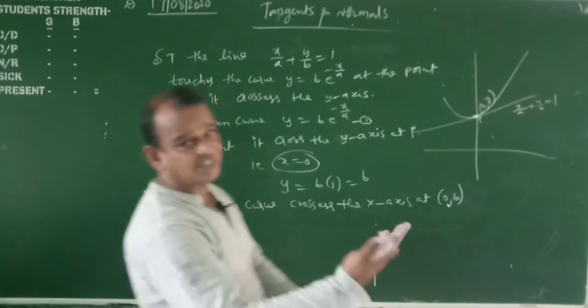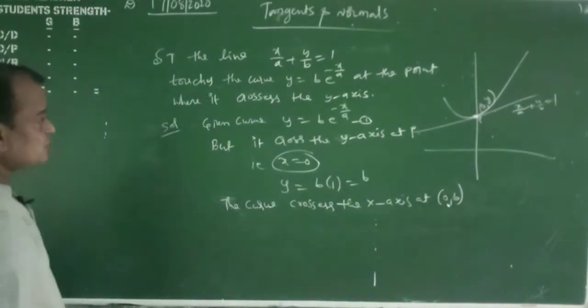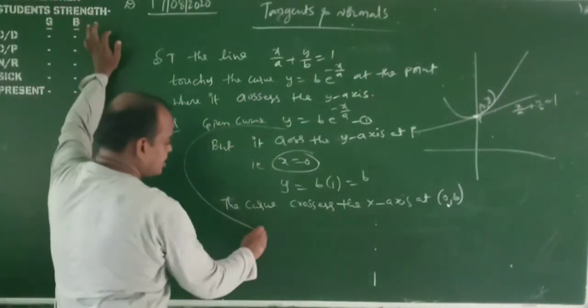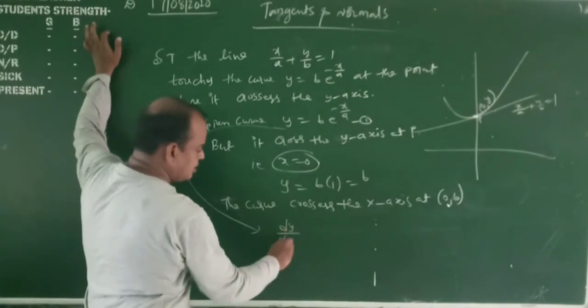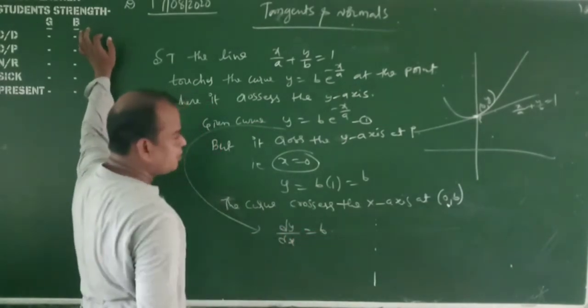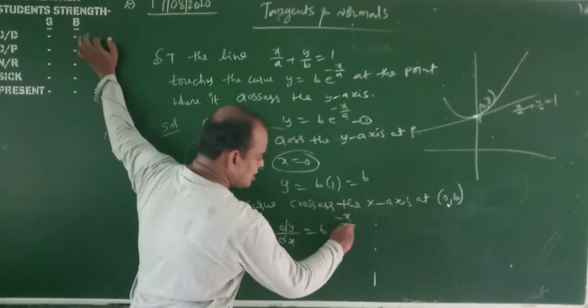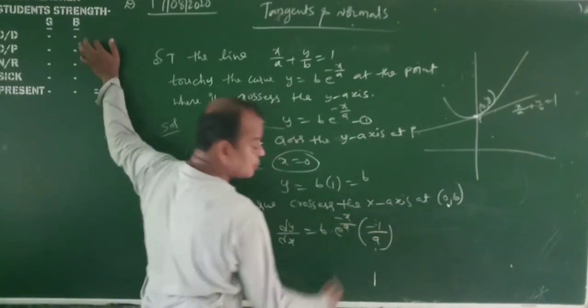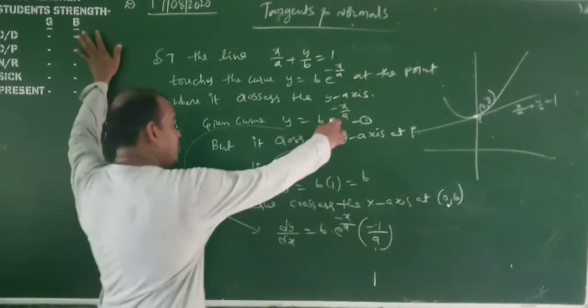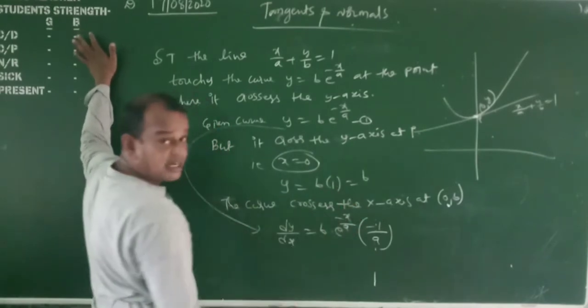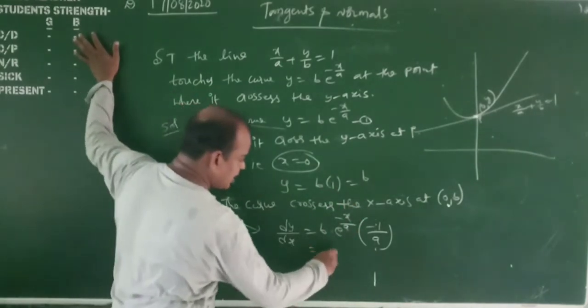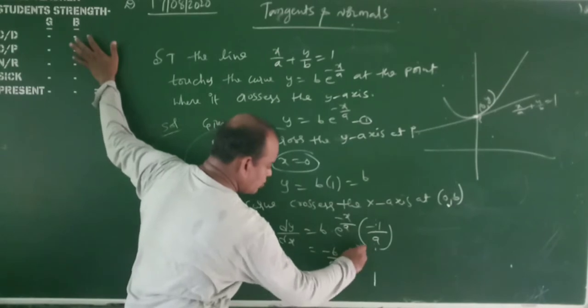Touches means 100% tangent. Now we can find the slope. Differentiate: dy/dx = b times e^(-x/a) times the derivative of -x/a, which is -1/a. That equals -(b/a) e^(-x/a).